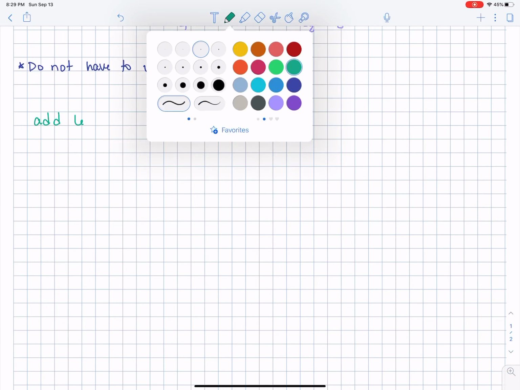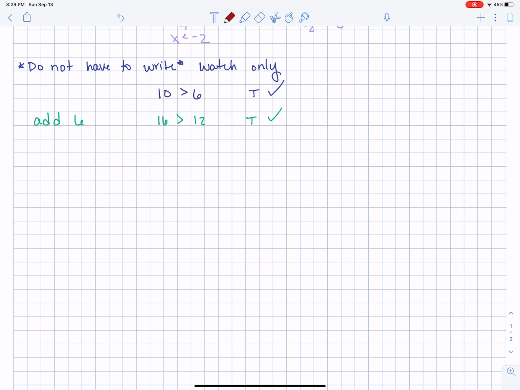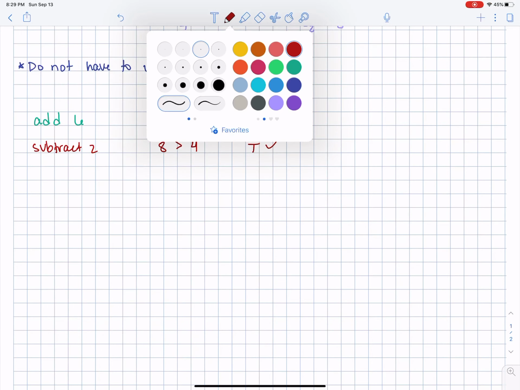Again, I'm always starting with 10 is greater than 6. What if we subtract 2? So 10 minus 2, that is 8. 6 minus 2, that's 4. Well, 8 is still greater than 4. It's still a true statement. Let's try something else.